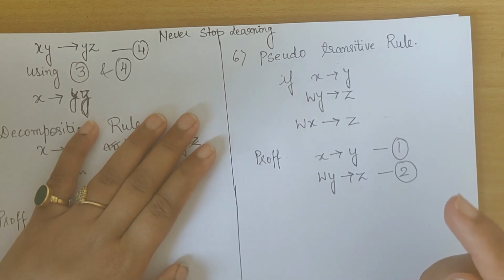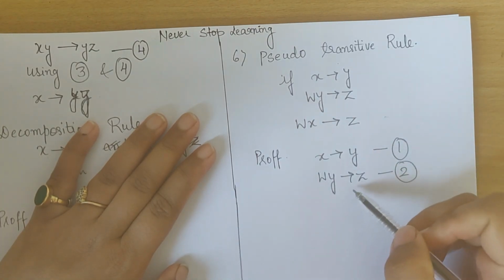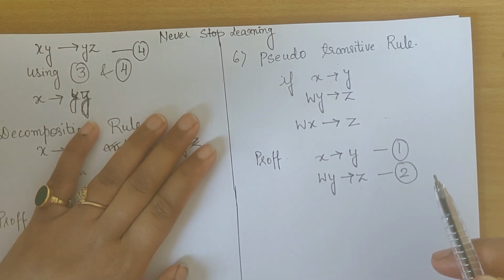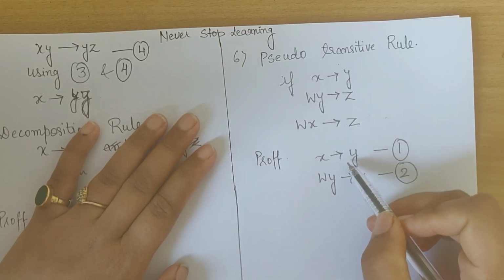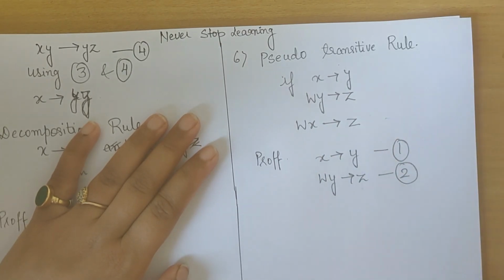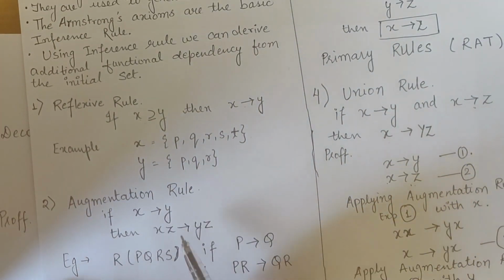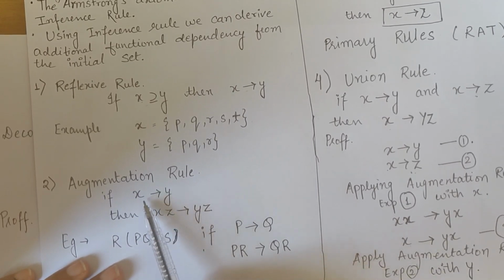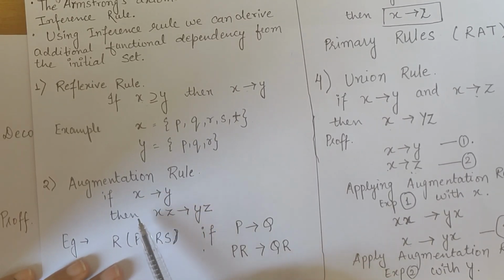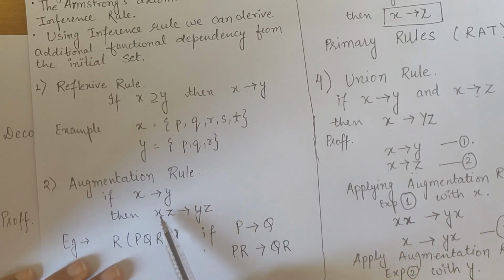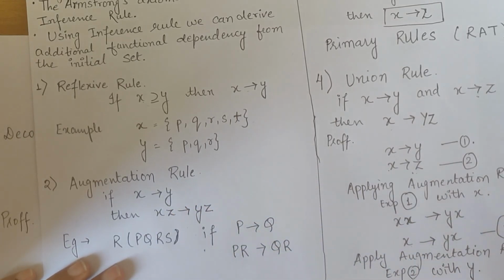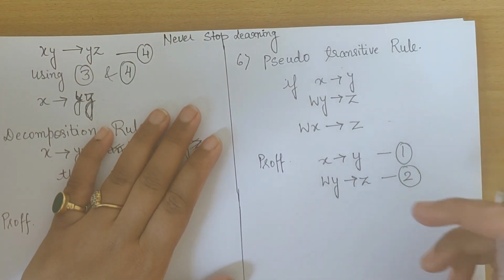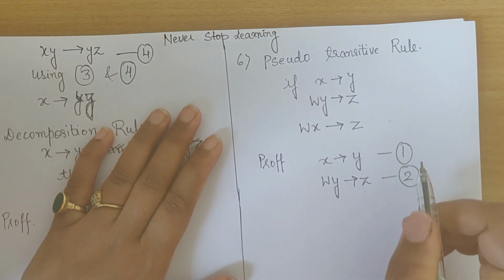Now let's apply augmentation on expression number 1 with respect to W. Augmentation says that if X determines Y, then for any Z, XZ determines YZ. So I am doing the same thing, applying augmentation on expression number 1 with respect to W.